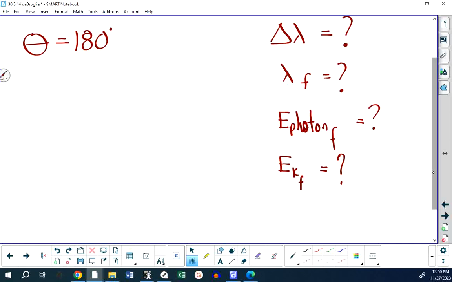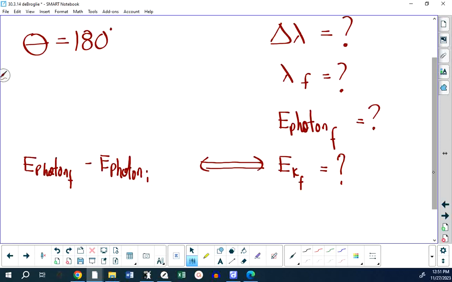So at this point in time, you would be saying, well, the energy of the photon after minus the energy of the photon before is the kinetic energy of the electron. So if I asked you, I know this is getting repetitive, but if I asked you for the kinetic energy of the electron after, you would say, well, I need to know both of these energies. And by the way, we know the wavelength before.